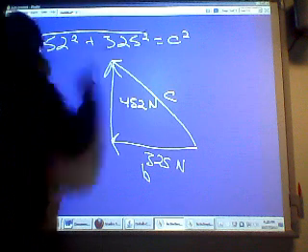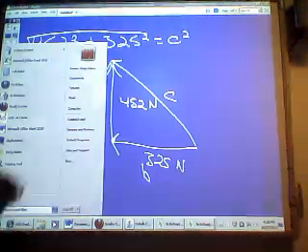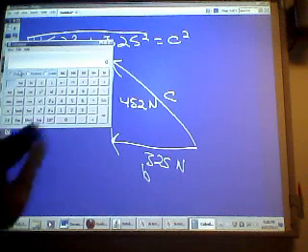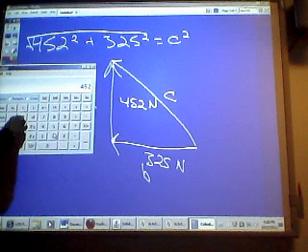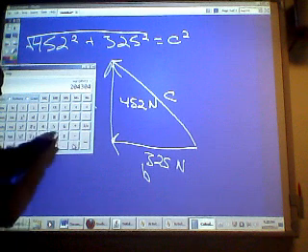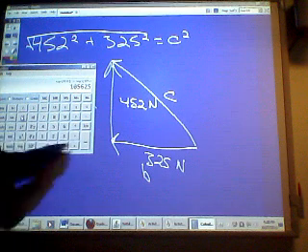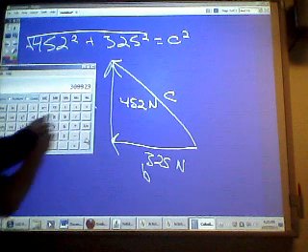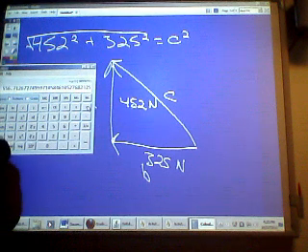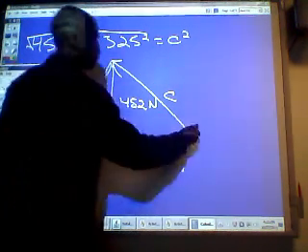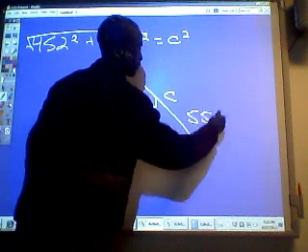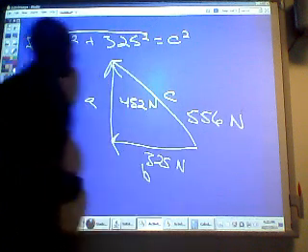I square this entire value on my calculator, then take the square root of that value. The total value for this resulting vector is 556 newtons.